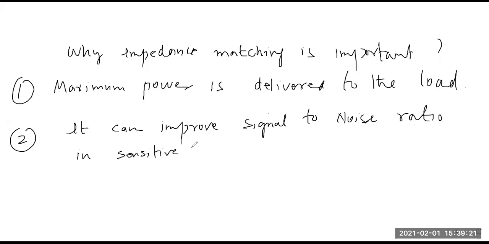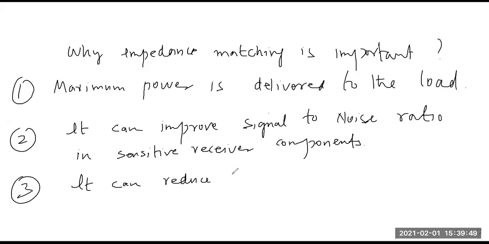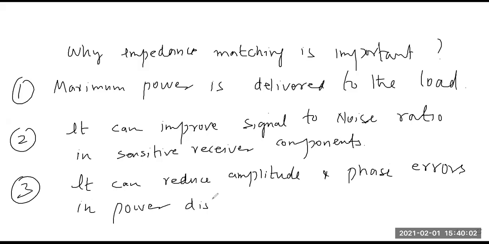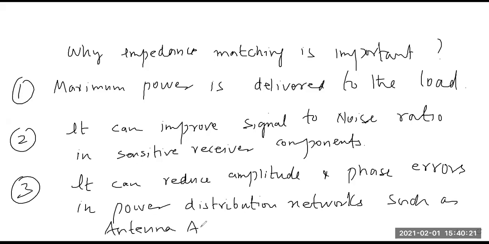In sensitive receiver components. And the third reason why impedance matching is important is that it can reduce amplitude and phase errors in power distribution networks, such as antenna array feeds networks.